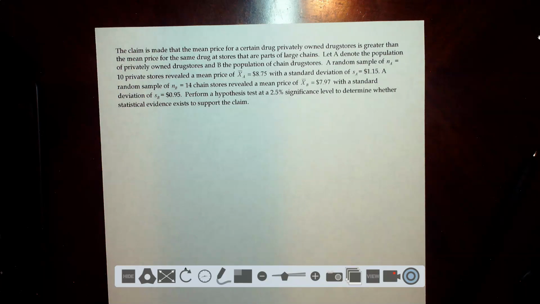A random sample of 10 private stores revealed the mean price is $8.75 with a standard deviation of $1.15, and a random sample of 14 chain drugstores revealed the mean price of $7.97 with a standard deviation of 95 cents. We're going to perform a hypothesis test at a significance level of 2.5% to determine whether statistical evidence exists to support this claim.